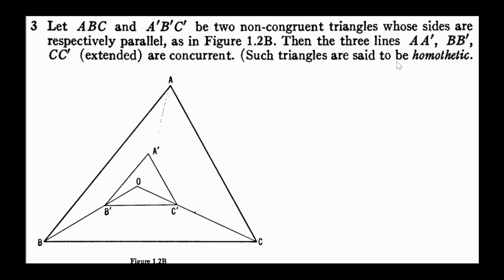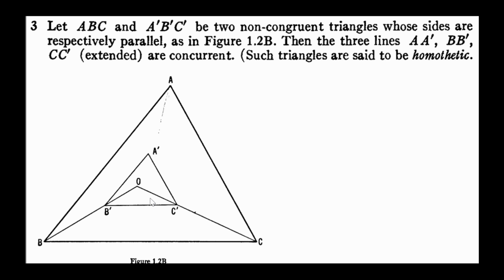Such triangles are said to be homothetic triangles. So here the diagram is given and the condition is given also that the triangles are non-congruent, which means they are similar triangles because the sides are parallel.